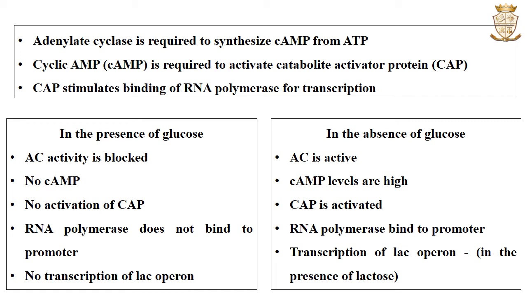Then only the RNA polymerase will bind to the Lac Operon promoter, and the lactose molecules, the inducer molecules, will bind and inactivate the repressor molecules, and then only the transcription initiation of the Lac Operon will begin. So this is the mechanism by which a bacteria manages to grow in the presence of two sugars, two molecules, that is glucose and lactose.